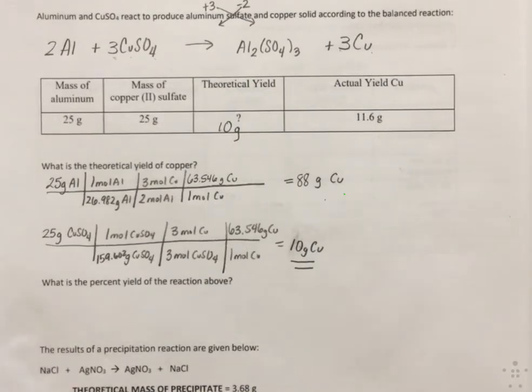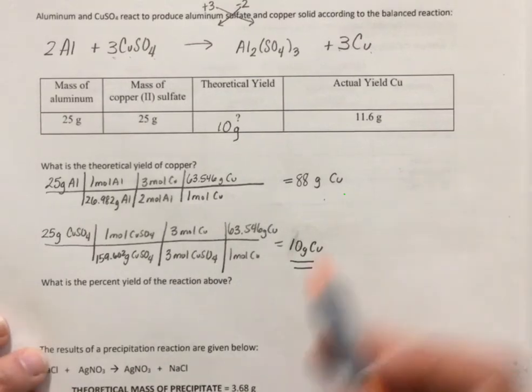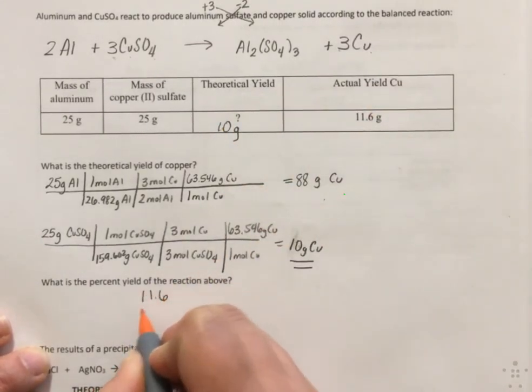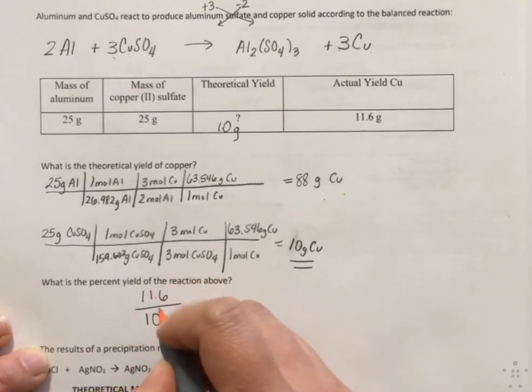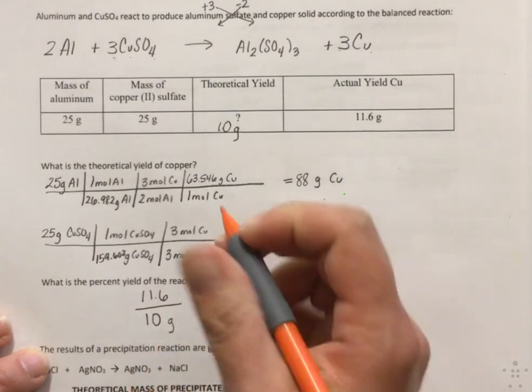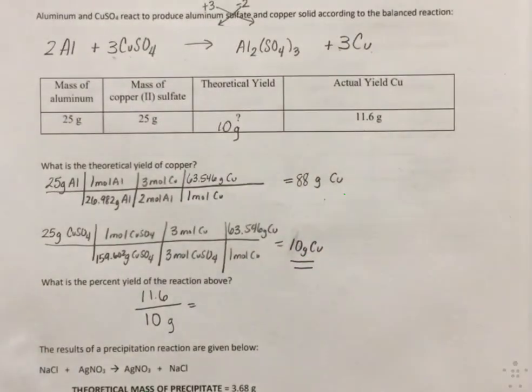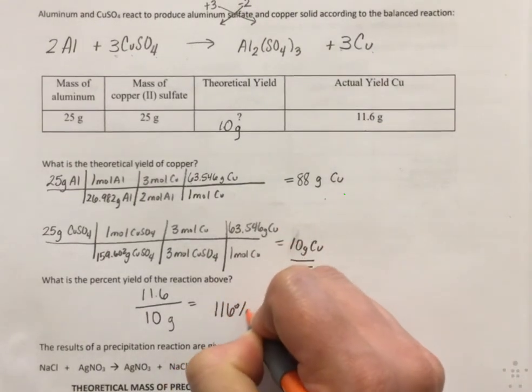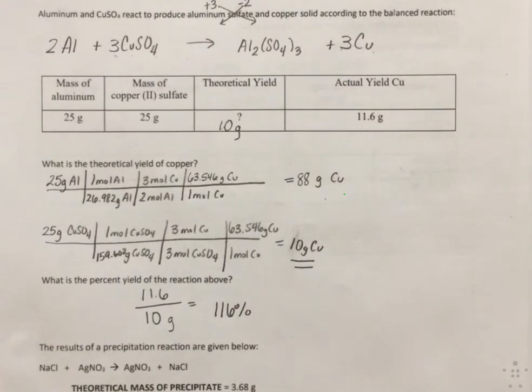And then the percent yield of the reaction is again actual over theoretical times 100. Which is actually 116%, which means something went wrong, of course, but we have no way of knowing what it was.